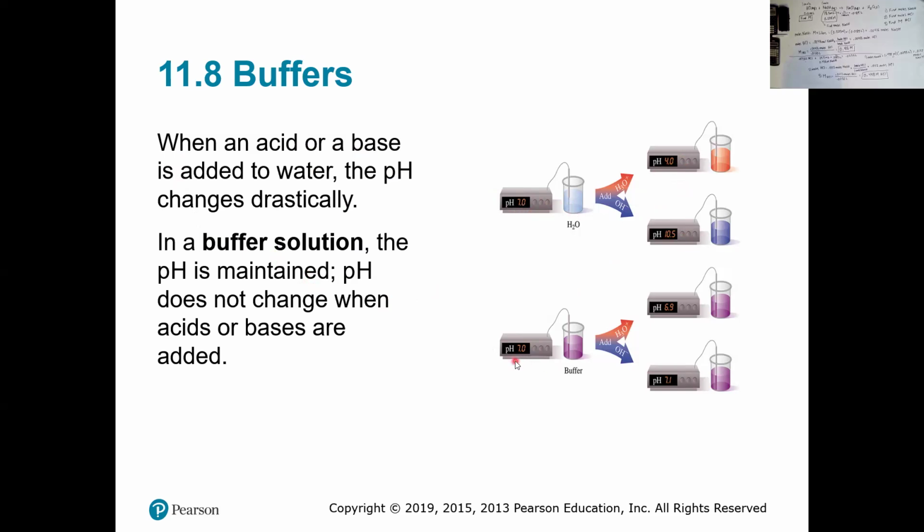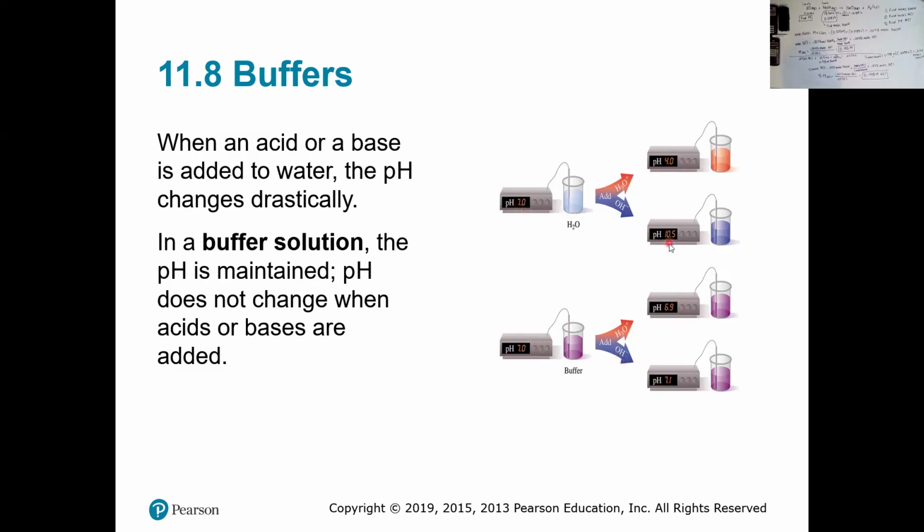If you have a buffer solution, in this particular buffer, it's starting off at 7. Buffers can start off at different pHs. But when you have a buffer solution and then you add acid to it, look at the difference in that pH change. Instead of dropping all the way down to 4, it only dropped down to 6.9. When we took the buffer and added OH minus to it, it only increased to 7.1.